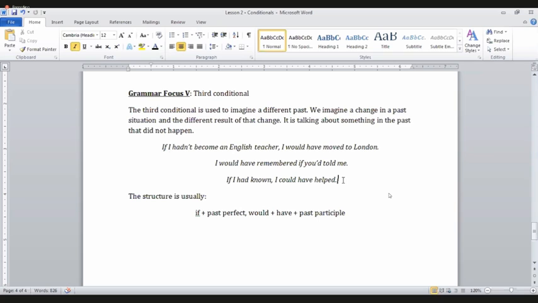If I had known, so did she know this? In this sentence they are talking about an incident. So did this person know about this situation or incident in the past? No. If I had known, what happens?